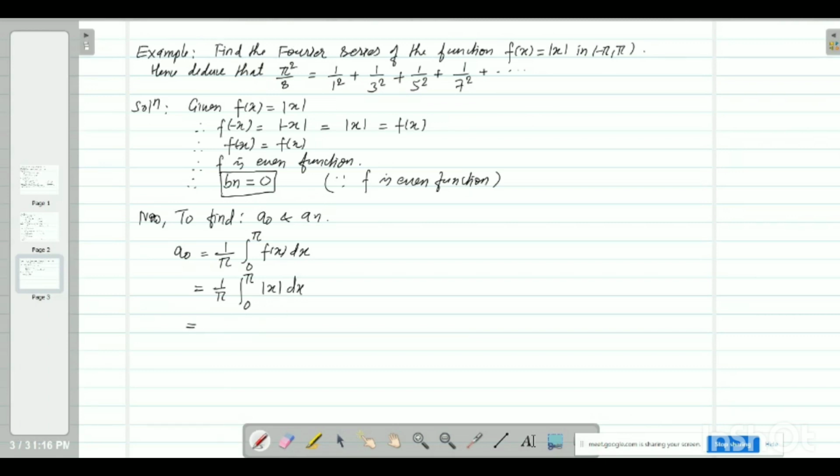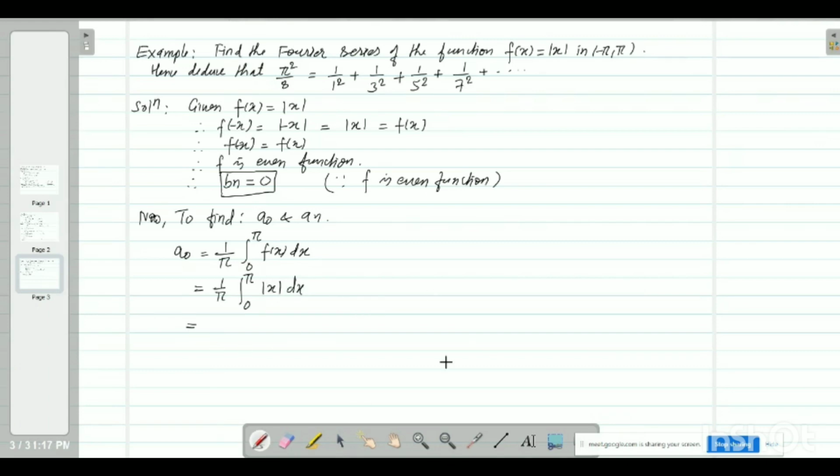This is a positive function, so we can take mod of x simply as x.